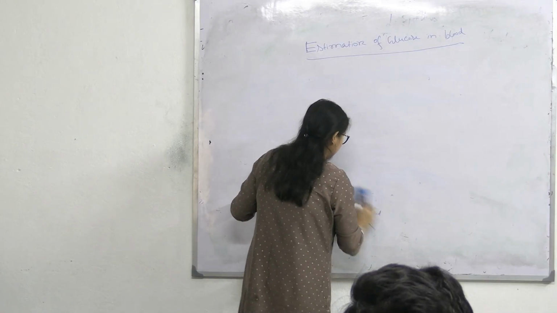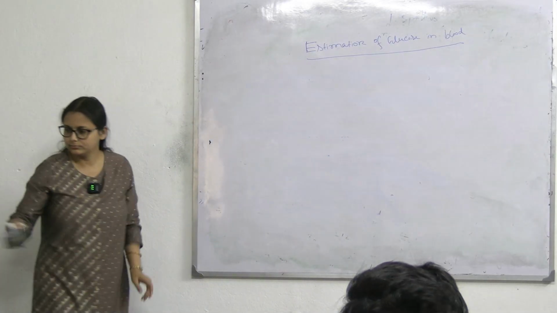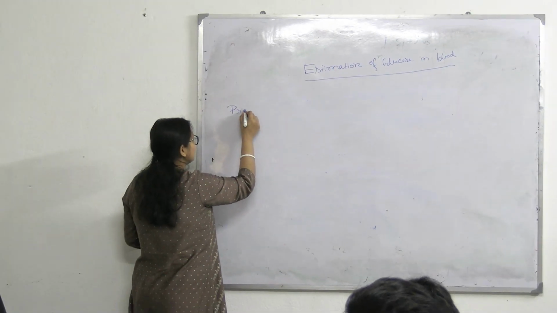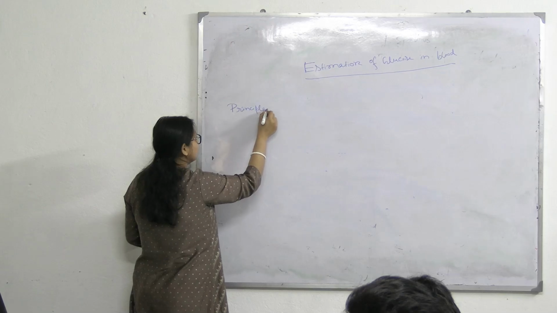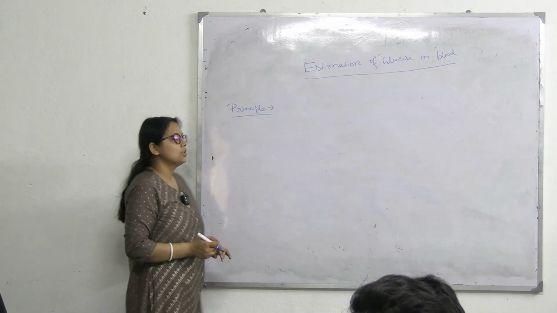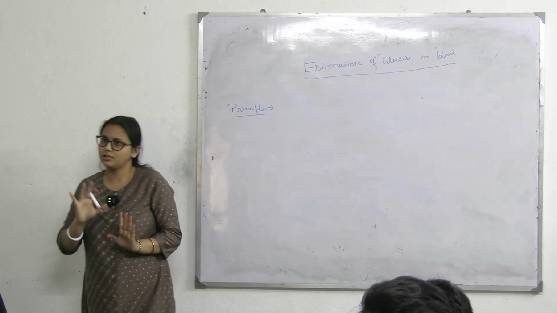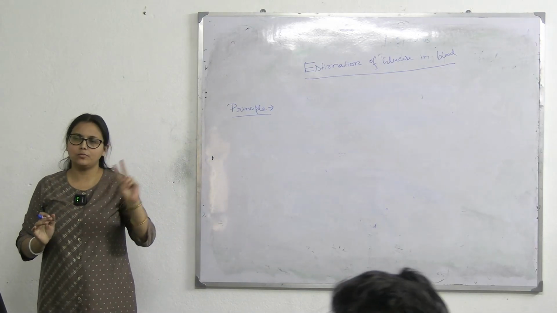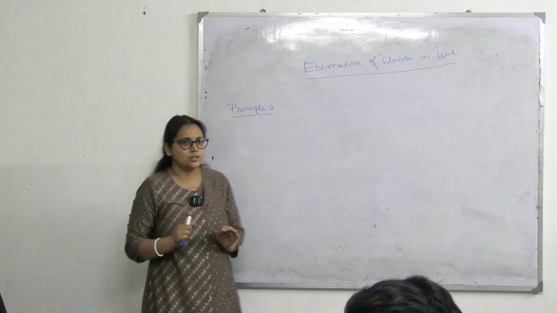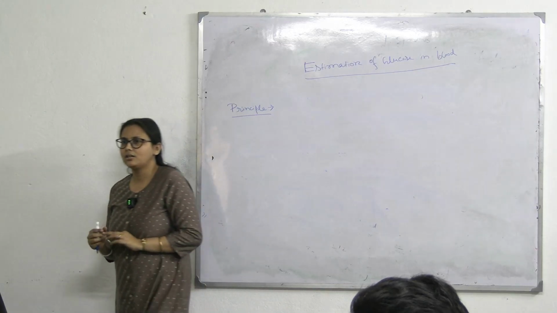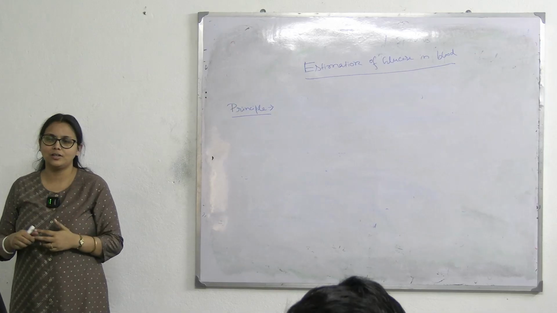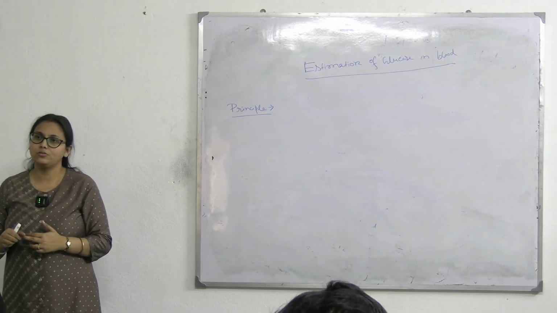Now coming to the principle. The name of the method is glucose oxidase and peroxidase, that means there will be two enzymes. In presence of glucose oxidase, glucose will be oxidized. Glucose is an aldehyde, so oxidation gives gluconic acid.